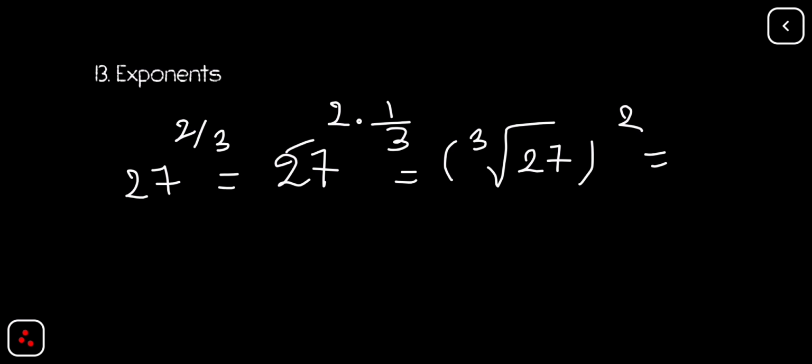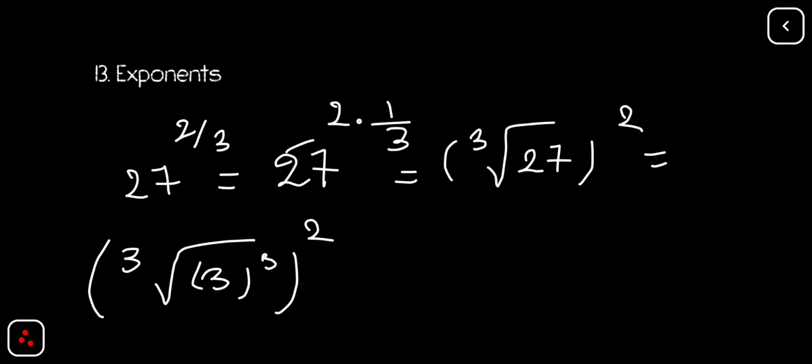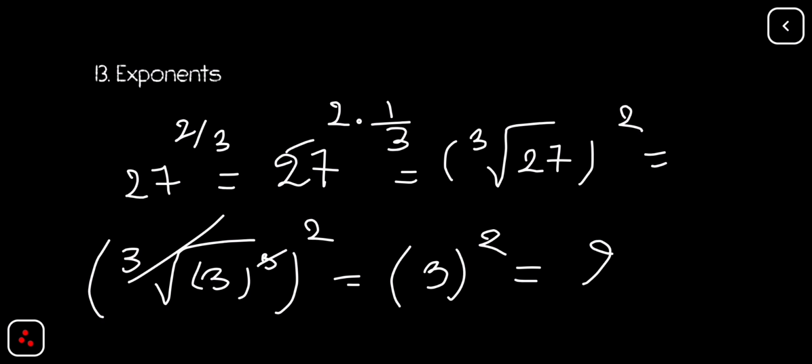Now 27 will be 3 to the power of 3, and then it will be to the power of 2. So we have 3 to the power of 3, these two will be cancelled out, and then we have just 3 to the power of 2, and our final answer is 9.